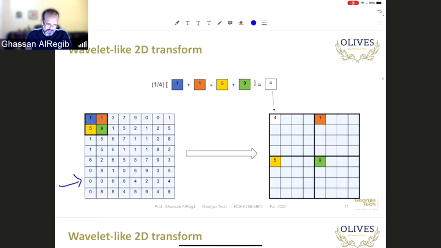The credit really goes to some of the students who created the animation. So the first pixel is 1, and then 1, 5, and 9. And then I replace this 2x2 block with its approximation. I'm representing this 2x2 block using the average, which is 4 in this case. And then the other 3 detail pixel values go as they are: 1, 5, and 9. I'm not doing anything different.